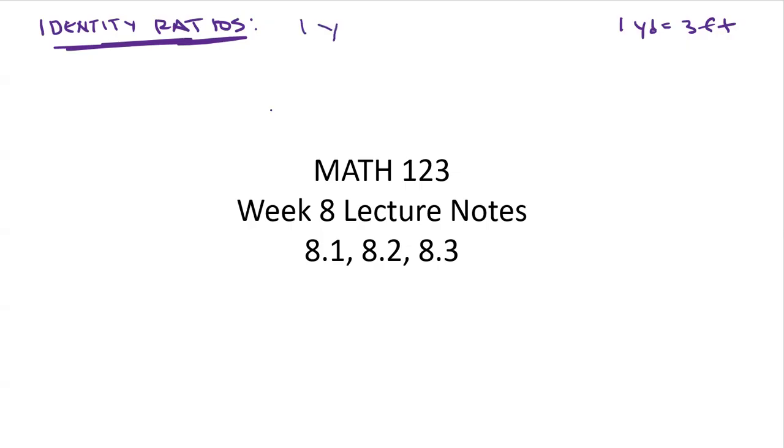We can write it as 1 yard over 3 feet, or as 3 feet over 1 yard. Again, this is essential, especially when we do dosage analysis, which I'm hoping to get to today. So this is what identity ratio means: you can write it in two ways.